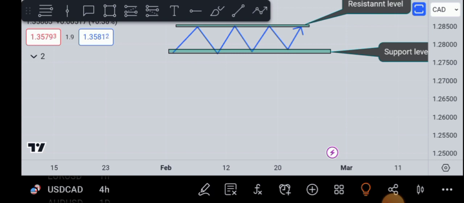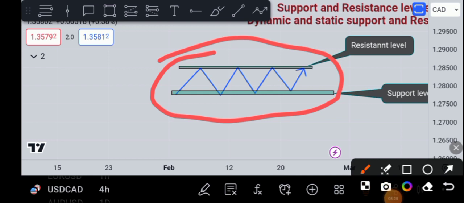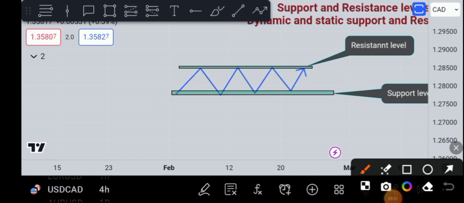When price keeps moving like my initial illustration here, this is a static price movement. It doesn't break above, it doesn't break below. It has been encaged between the resistance and the support level. That's why we name this static resistance and static support. And this is a static trend line.